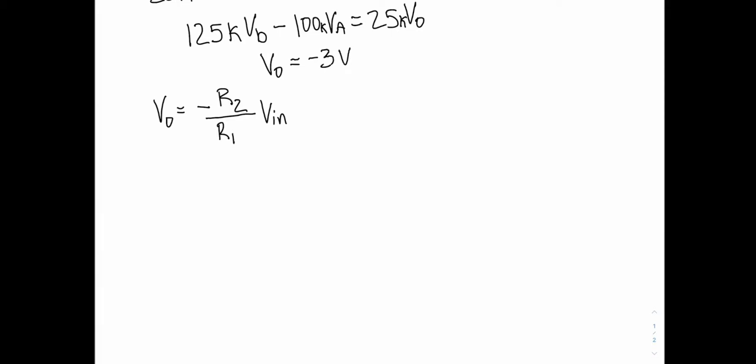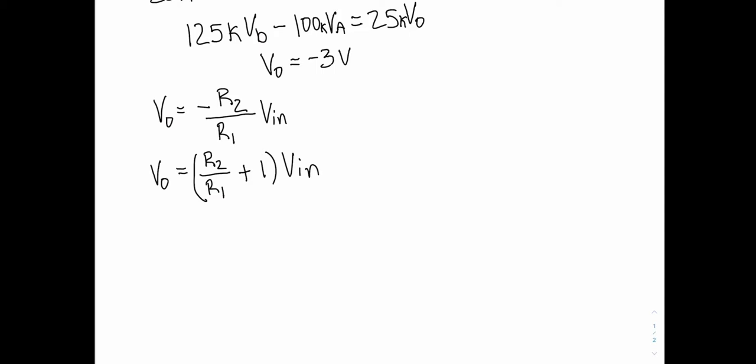And we know that in a non-inverting configuration, Vout is going to be equal to R2 over R1 plus 1 times Vin.